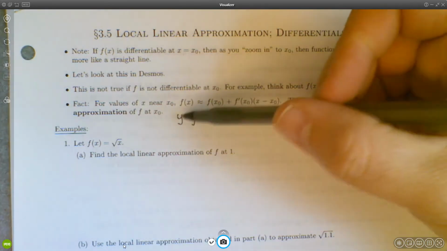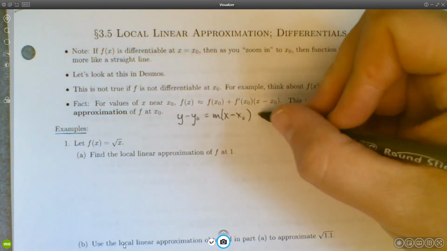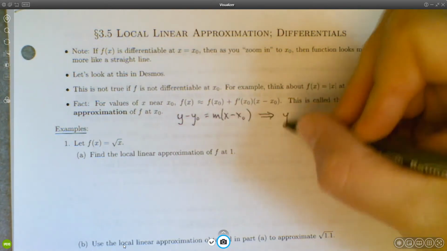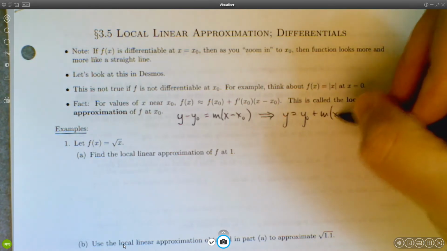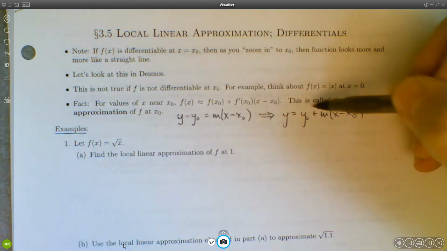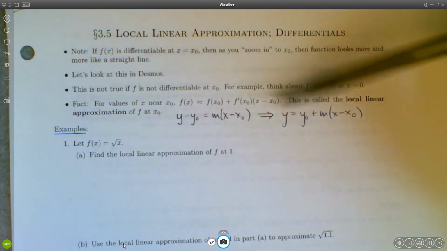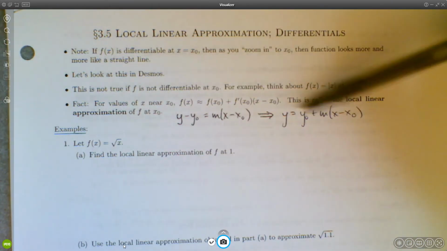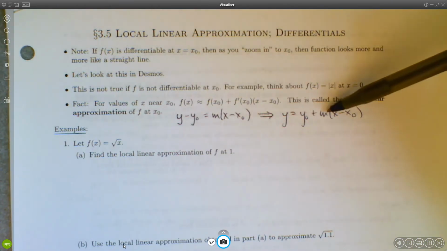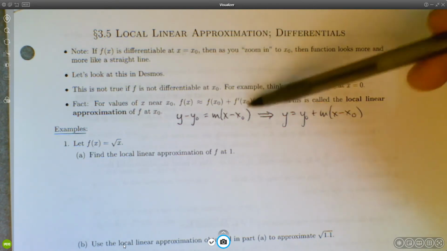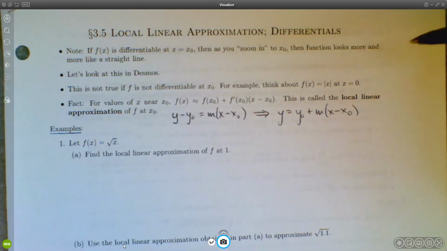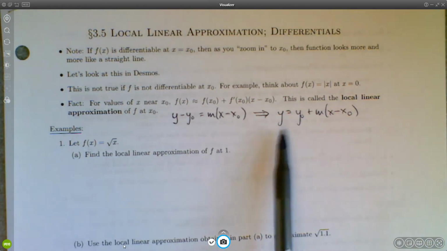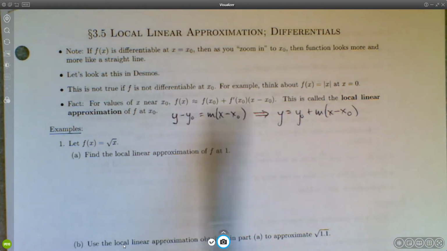Well, now if you just add y naught over to the other side, then you get y equals y naught plus m times x minus x naught, and that looks awfully similar to this, right? It's just, instead of y, we're calling it f of x. Y naught, we're calling f of x naught. And m, of course, is just the derivative, right? The slope is the derivative. It's the slope of the tangent line. So anyway, that's the line that does the trick.